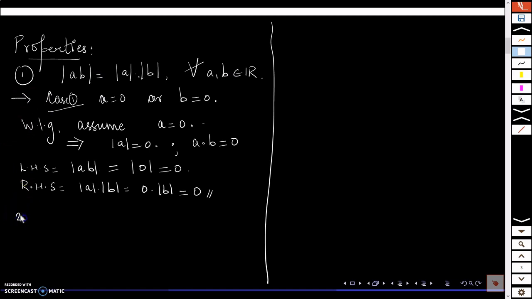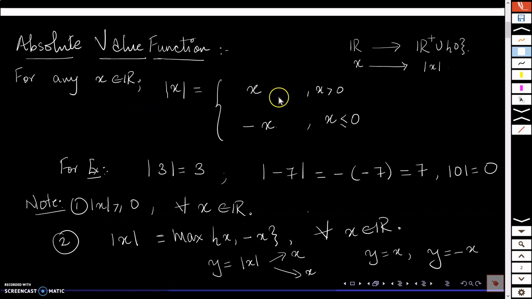Now the second case is when both of them are strictly positive. So let's assume that a is positive and b is positive. So case 2 is when a is positive and b is positive, both are positive. Now if you see the definition of the modulus function, whenever the real number x is positive, its modulus is the number itself.